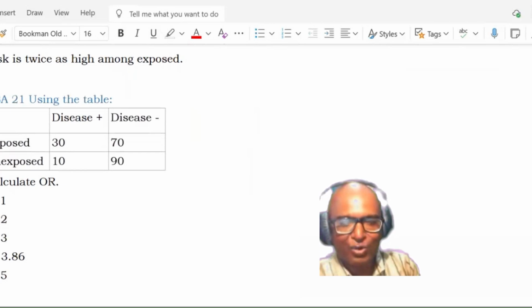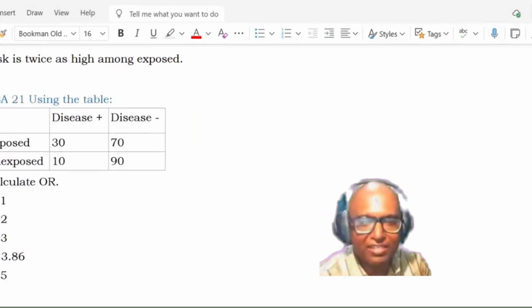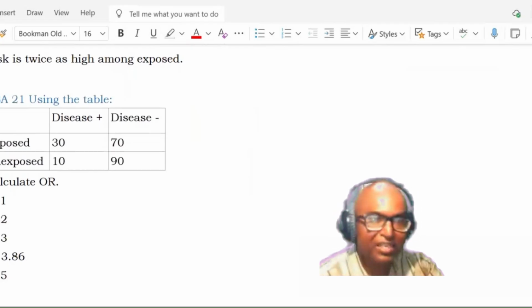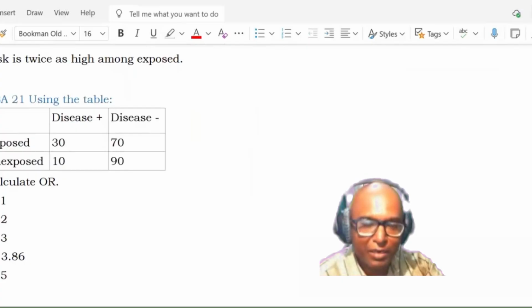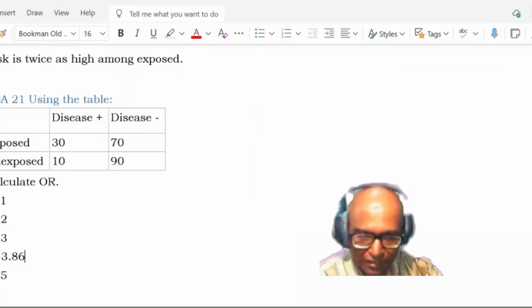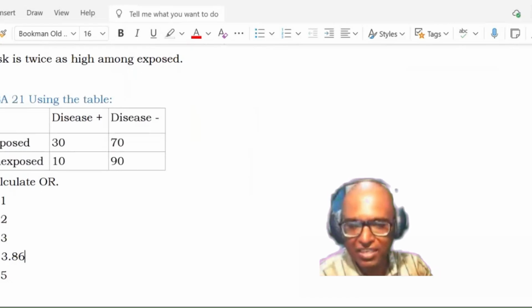See, odds in the exposed is 30 divided by 70. Odds in the unexposed is 10 divided by 90. While when you calculate the incidence, it is 30 divided by 30 plus 70. That is the incidence in the exposed.